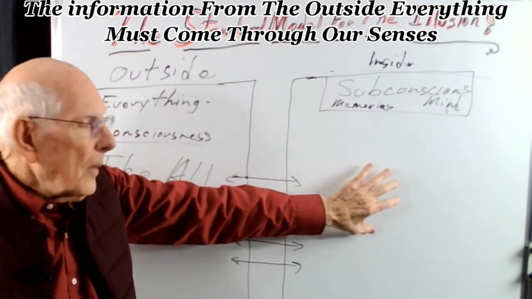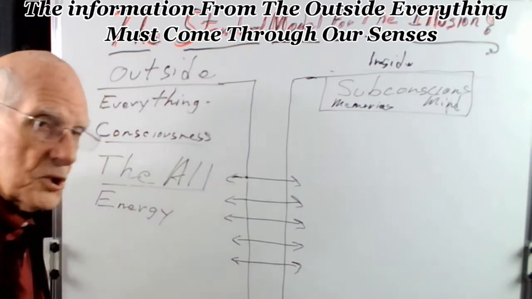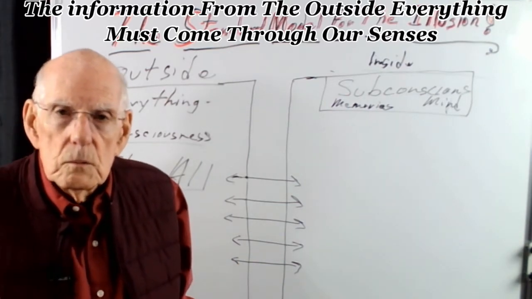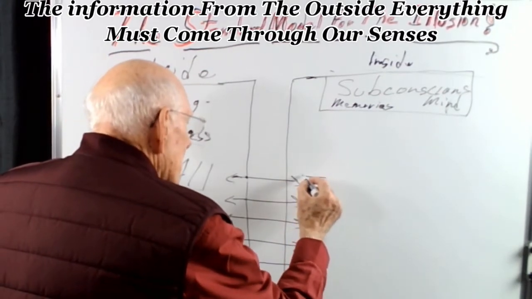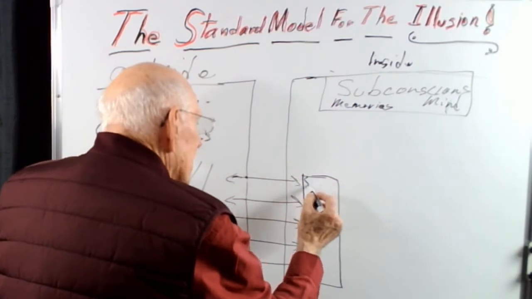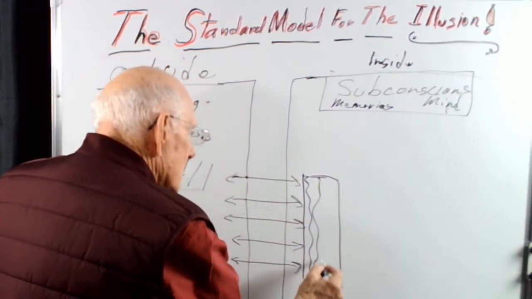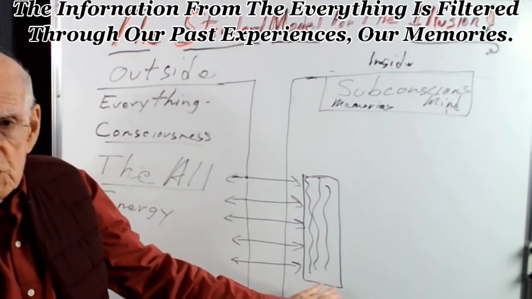So we're going to talk about what we do inside. We take this information in, as we talked about in the last session, and this information flows into a filter system.